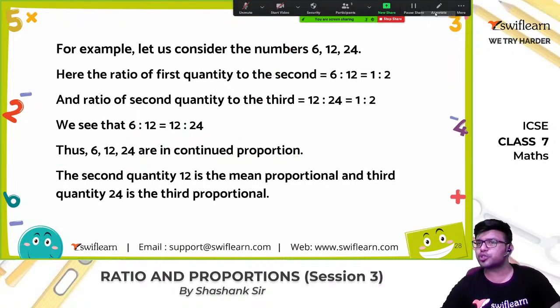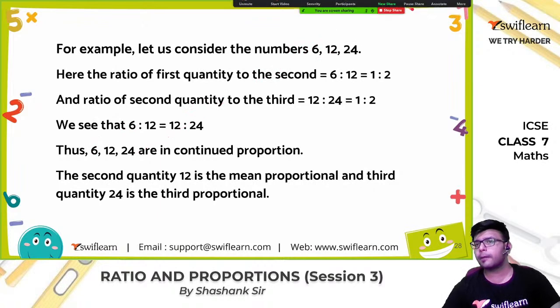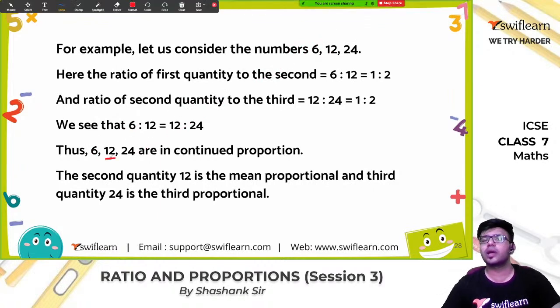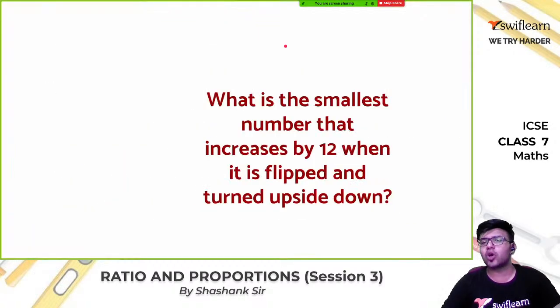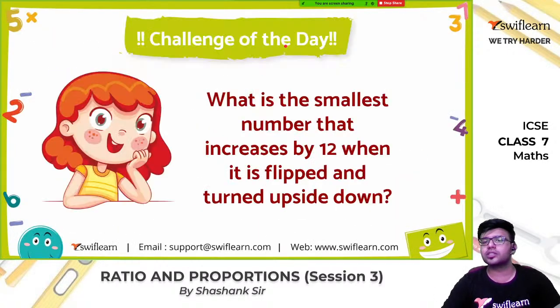So, ये proportion में mean proportion कौन सा है? The middle term is known as the mean proportional. The second quantity is known as mean proportional. Third quantity is known as third proportional, and first quantity is known as first proportional. Yes. Now let us solve a question on this.